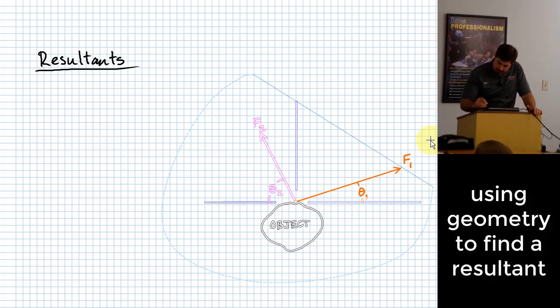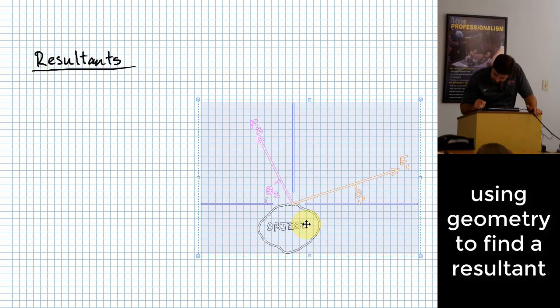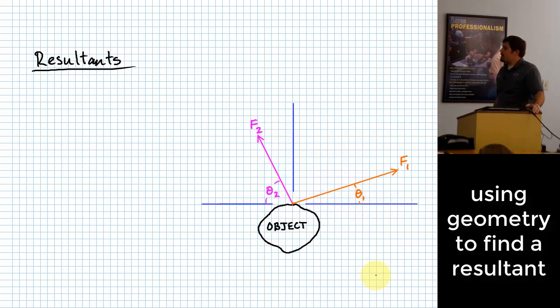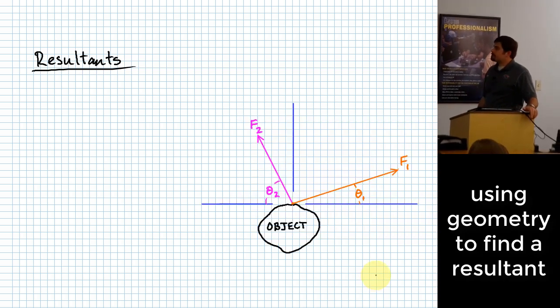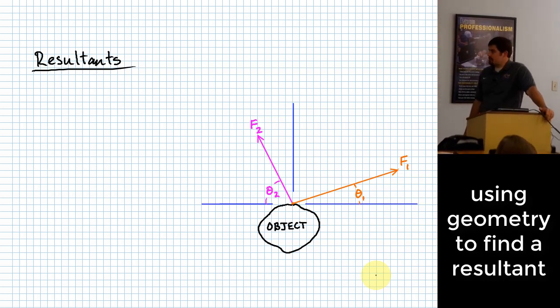Let me do this real quick. I want to line this up with my grid. I should have been careful with that earlier. Okay. If I want to take those two vectors and figure out what is the net effect of those two vectors, essentially I want to add up the effect of those two vectors, what would I need to do?